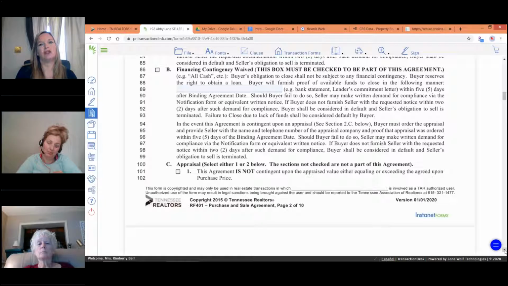You can do a lot of research on a hard money loan. With a hard money loan, there is a financial contingency. You are paying interest on that loan, and it is not considered all cash. Okay. Say that you have a home equity line of credit.